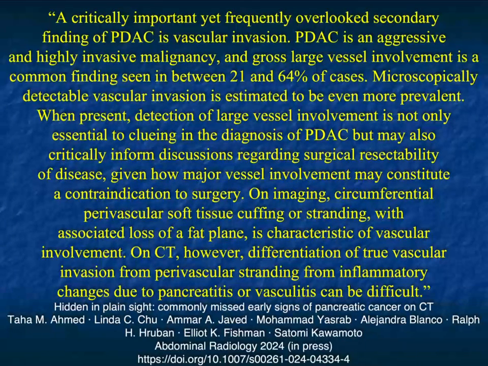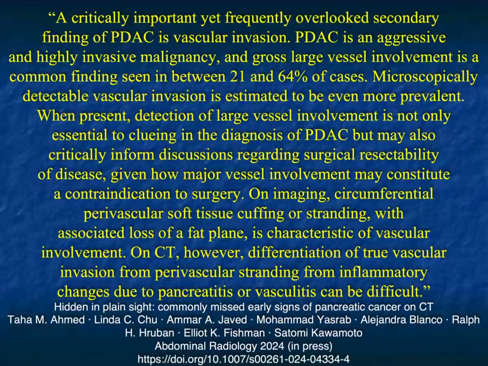Now, when we talk about PDACs and we're talking about tumor involvement, it's really the CT angiography that's ideal. Otherwise, you spend a lot of time looking at abutment. Is this 180, more than 180, less than 180? Is the vessel abutting or is it encased?